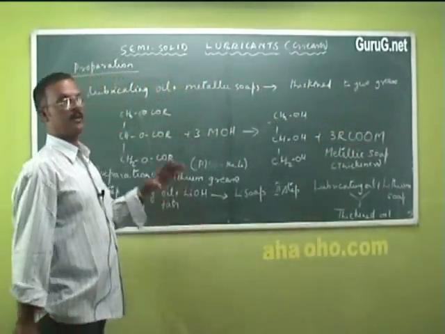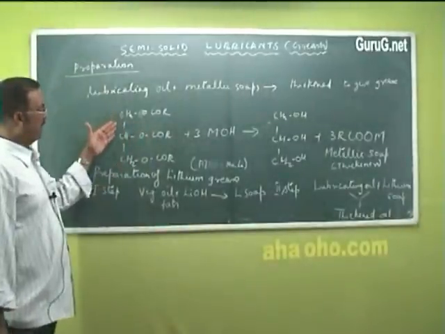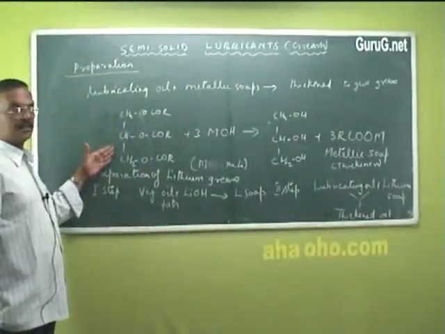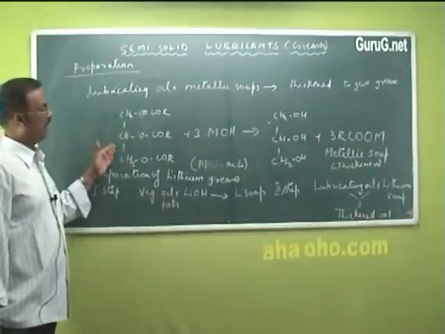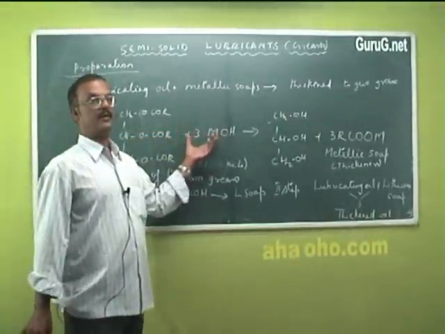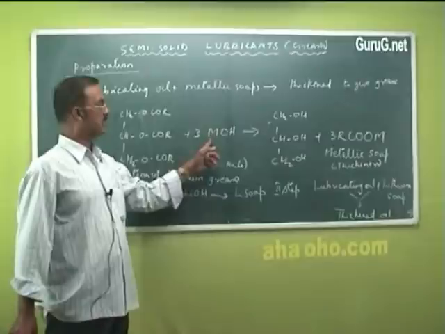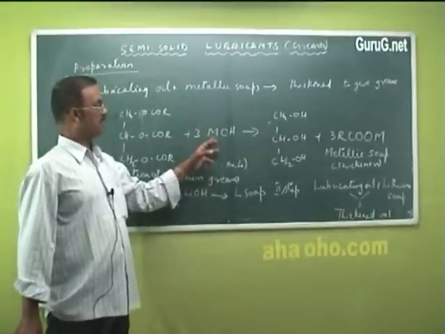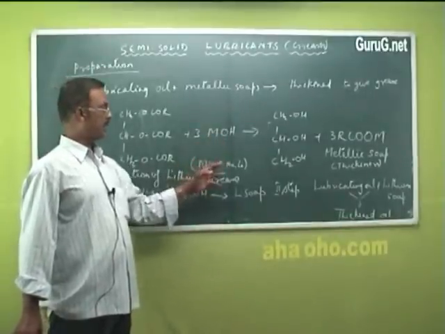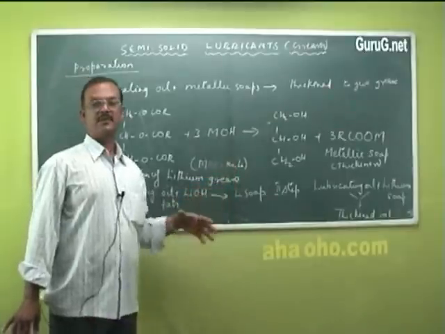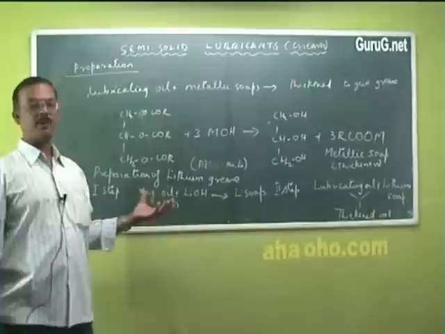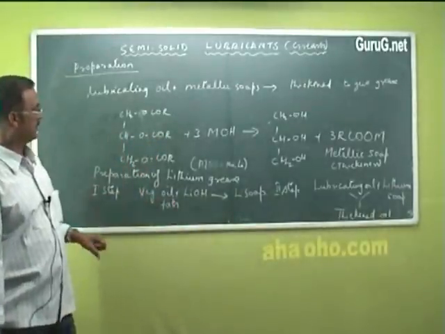This is the general way of preparing greases. Generally, vegetable oils are taken and it is saponified or it is subject to hydrolysis using a base of general formula MOH. M can be sodium, lithium, or even calcium hydroxide can be employed for the hydrolysis purpose.